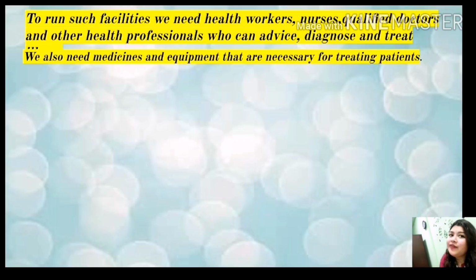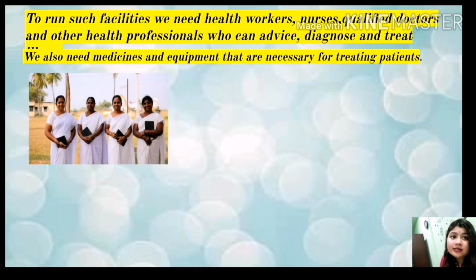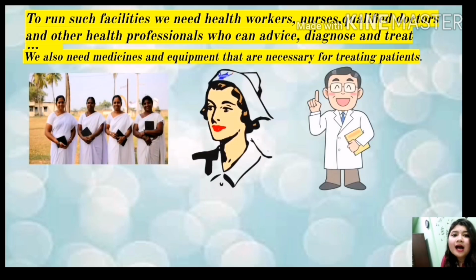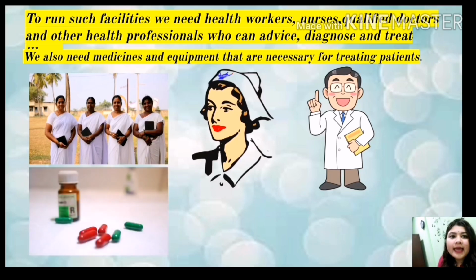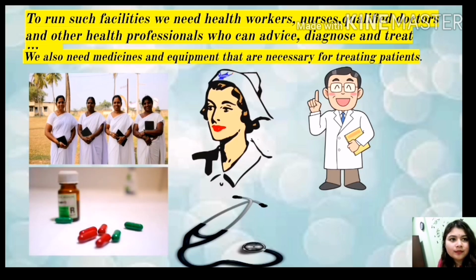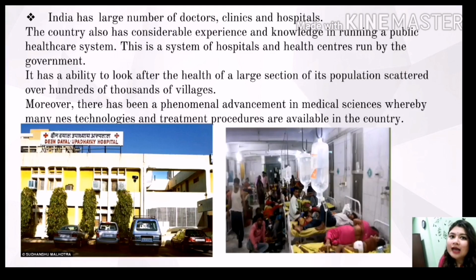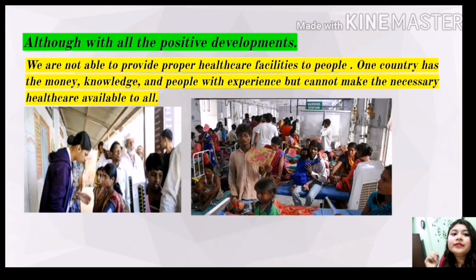To run such facilities, we also need health workers, nurses, qualified doctors, other health professionals, and we require medicines and equipment for treatment. India has a large number of doctors, clinics and hospitals. Despite all these facilities, we are also lagging behind. Why? We will know that afterwards.